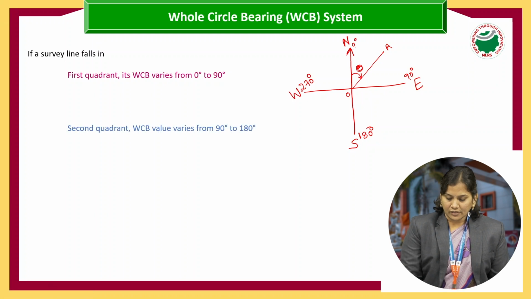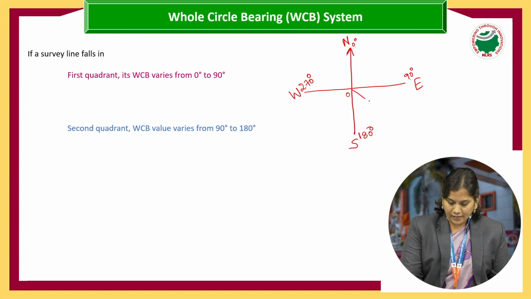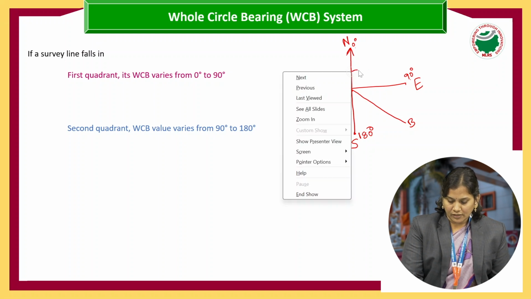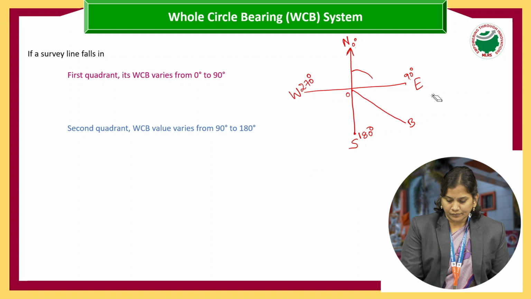Next, when our survey line lies in second quadrant, then the whole circle bearing value of this line varies from 90 degrees to 180 degrees. So again we will measure from north in clockwise direction towards our survey line.